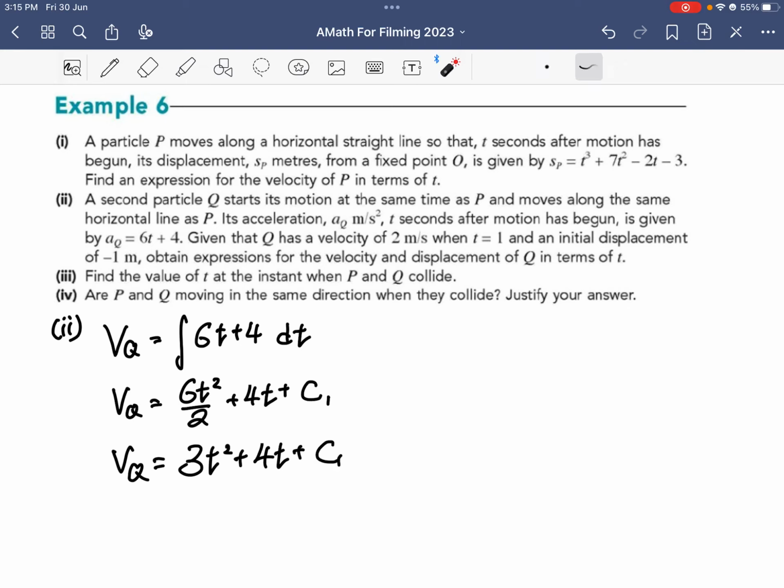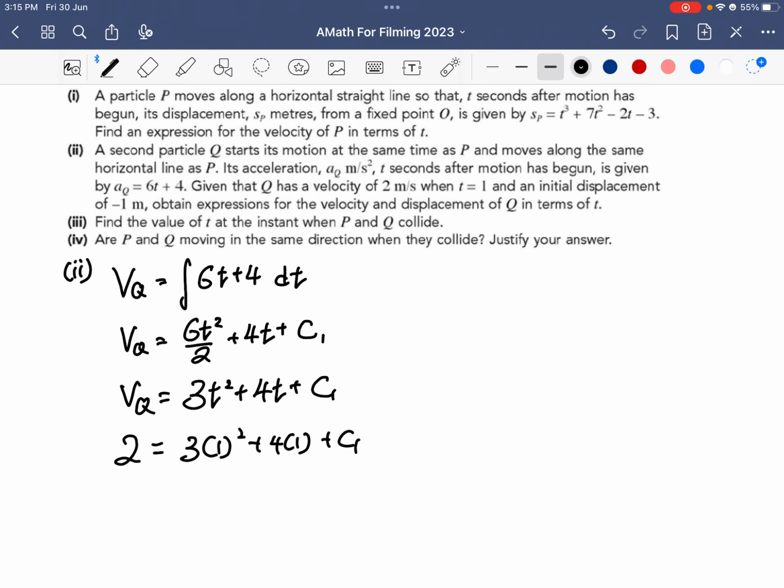To solve for c1, we know that there's a velocity of 2 meters per second when t equals 1. If you very quickly solve that, your constant c1 is equal to negative 5.